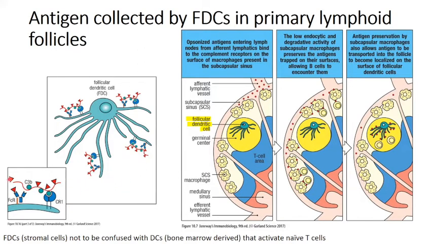Here's a diagram, down in the left-hand corner: the antigen is shown as this long red wiggly line, and the epitopes that are recognized by the antibodies are represented by those little red triangles. You can see we have an antibody binding to the epitope on the antigen, and it's being picked up by what's called an Fc receptor on the follicular dendritic cell.